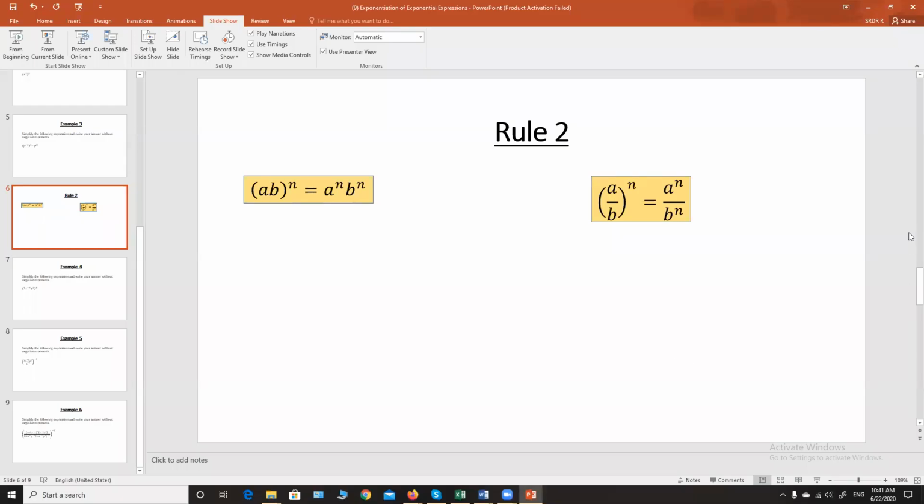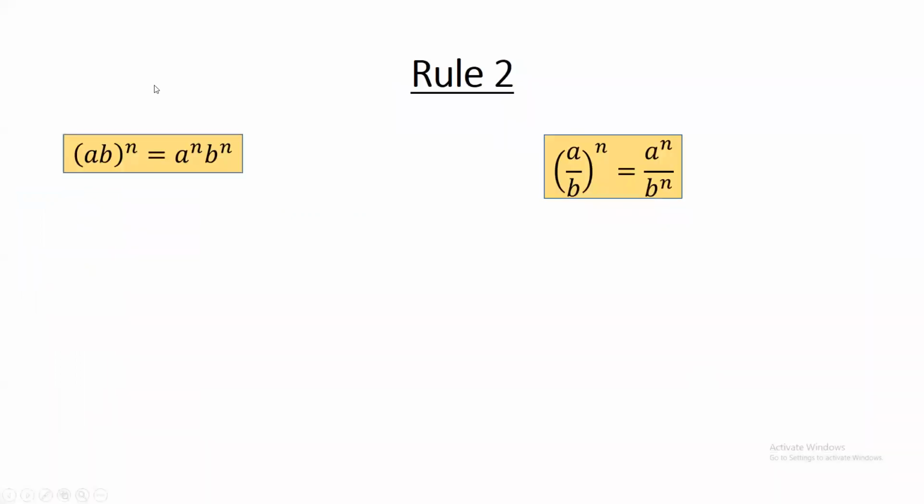Okay, so the last rule that we have for exponential expressions is shown on this slide. And the idea here is, as you can see, the exponent can be distributed over the operation of multiplication or division, like it is here.